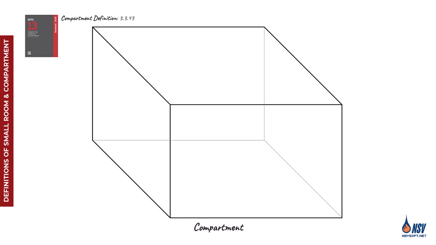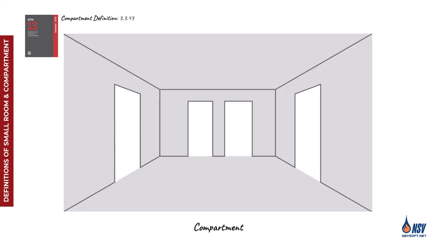Small room refers to a compartment classified as light hazard occupancy with unobstructed construction and a floor area not exceeding 800 square feet. In NFPA 13, the term compartment has a specific definition. It describes a space that's fully enclosed by walls and a ceiling. Each wall may include openings to adjoining spaces, provided they meet certain criteria.